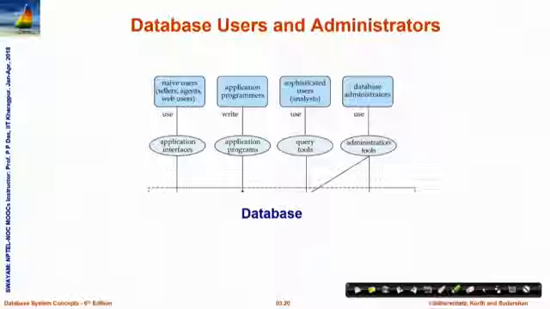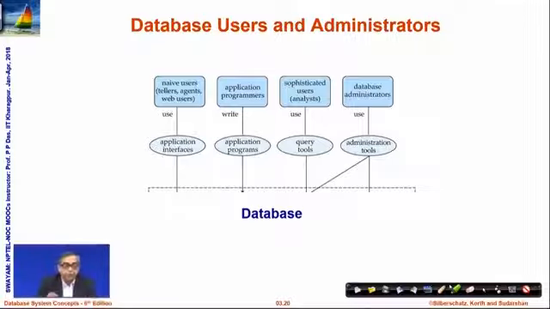Now, we will have a quick look at who are the typical users of a database system. Grossly, the users of a database system can be grouped in multiple different ways, but this is a typical way. You have the naive users, like the secretarial staff who sits at the teller of the bank.